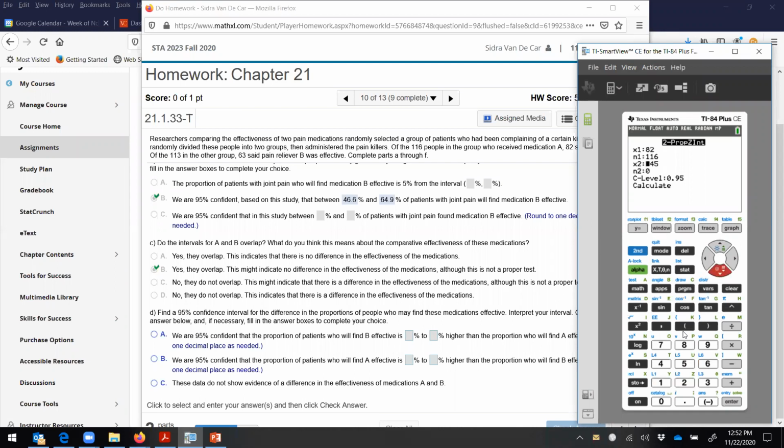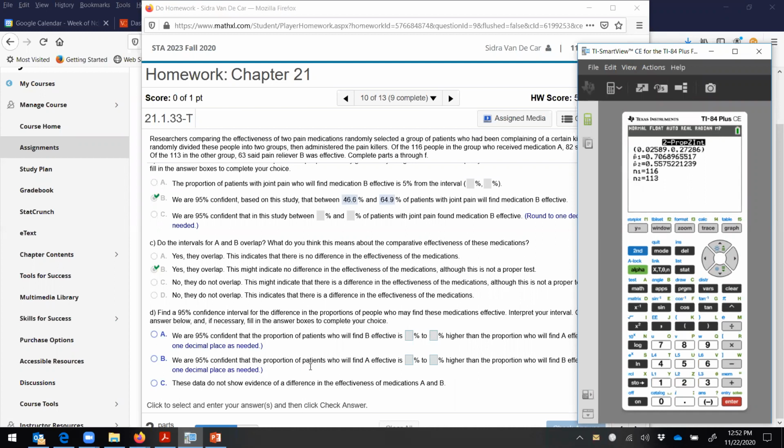And our second one is 63 out of 113. All right, by the way, I did A minus B. So these are both positive, so A would be bigger, right?